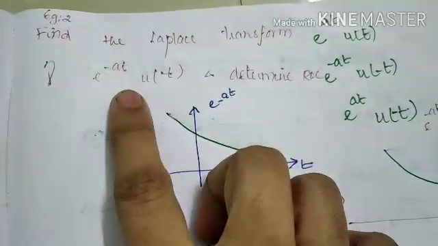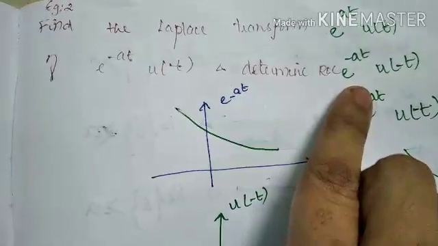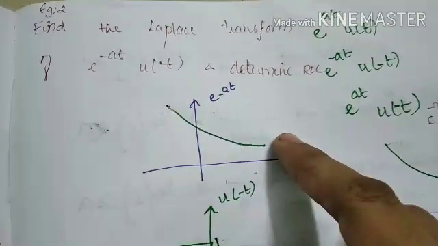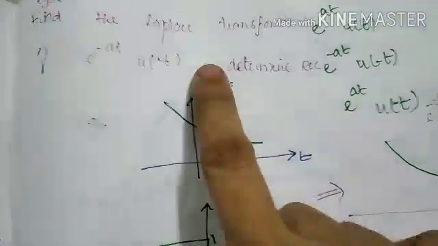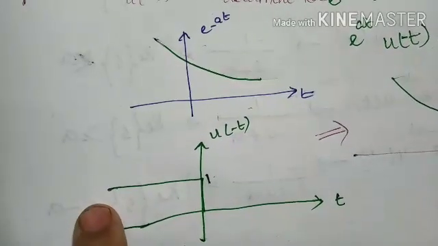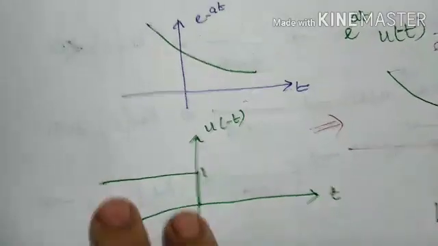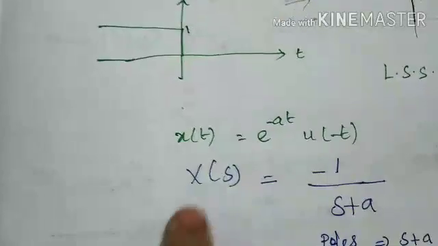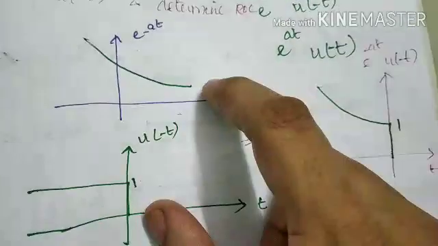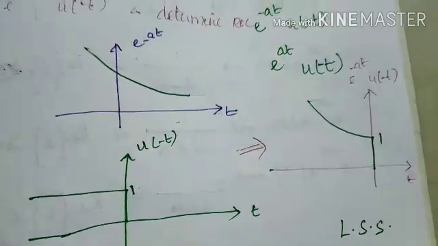Find the Laplace transform of e power minus at u of minus t and determine the region of convergence. e power minus at is an exponentially decreasing signal. Then u of minus t is the step signal, but it is a left-sided signal. We have to multiply these two signals to form e power minus at u of minus t.